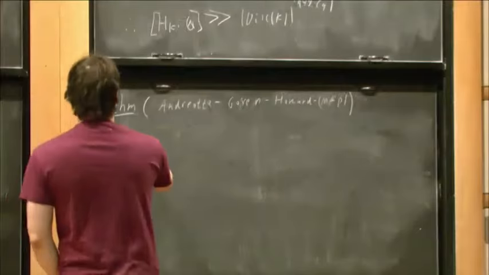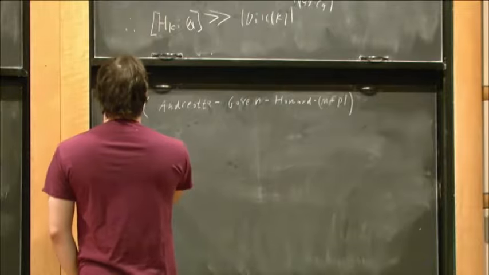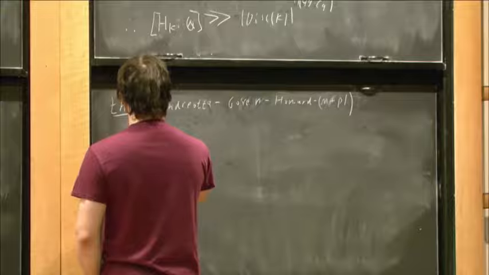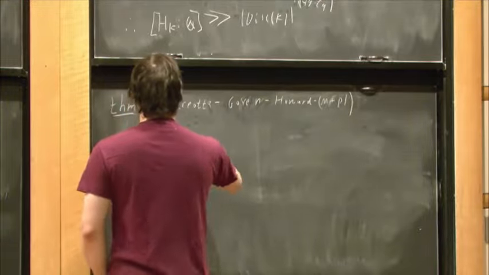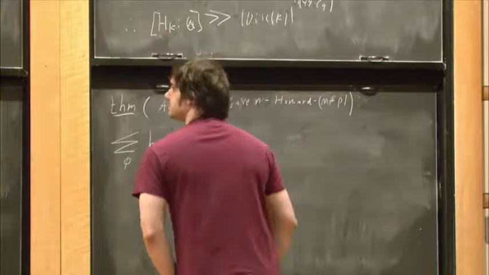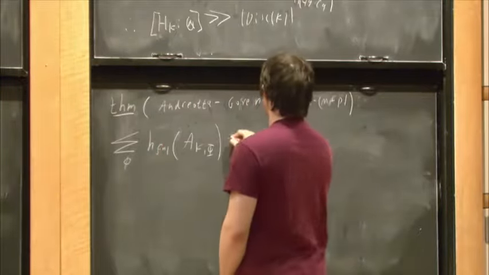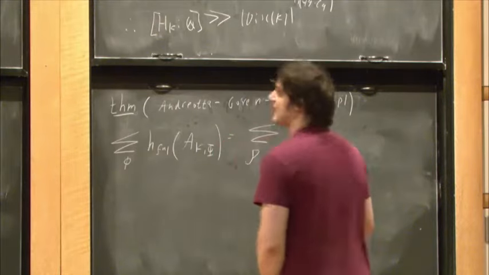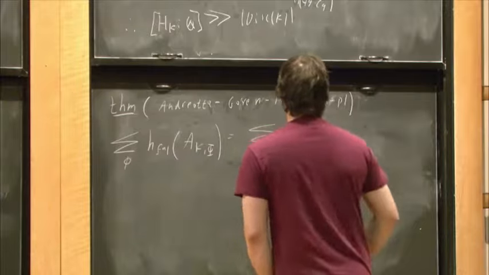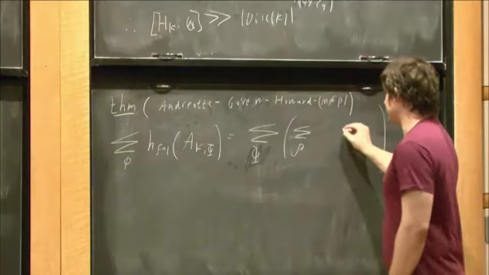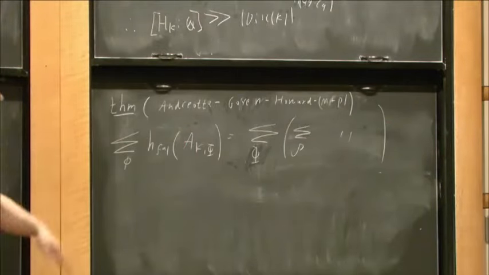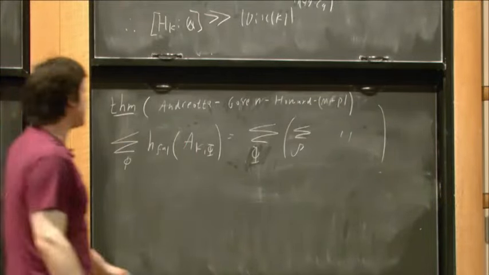So they have the following theorem, which is that if you sum over phi the Faltings height of an abelian variety with CM type k phi, what you get is the sum over all phi of the sum over all rho of what's supposed to go in there, the same thing as you see over there. So they don't quite have this theorem. They're a little bit off.